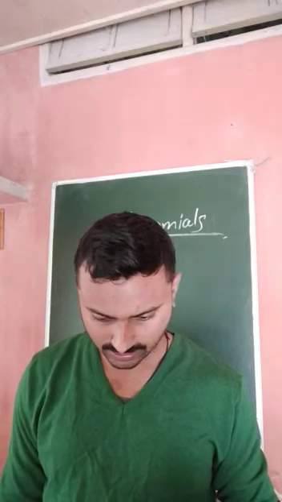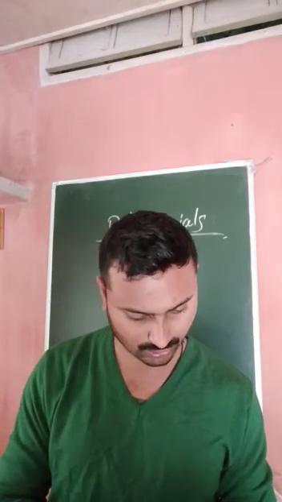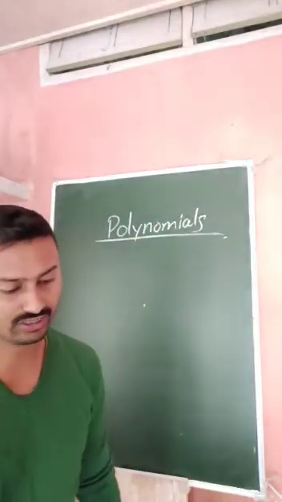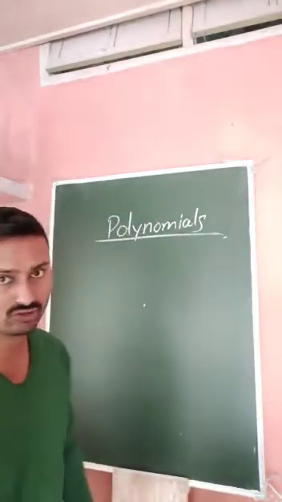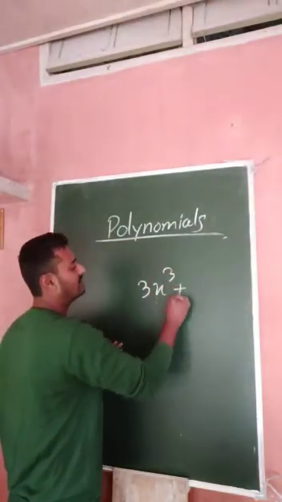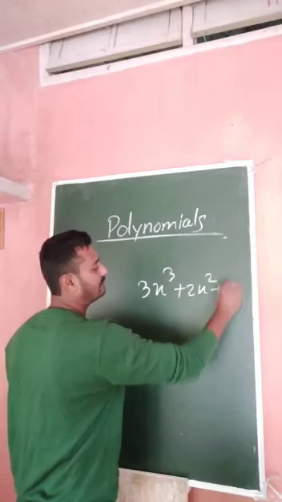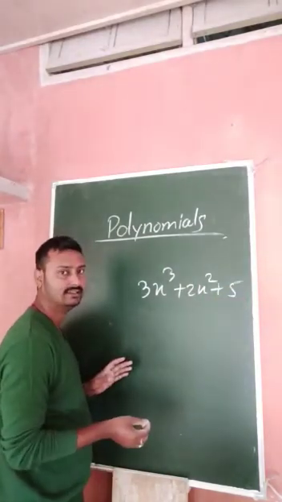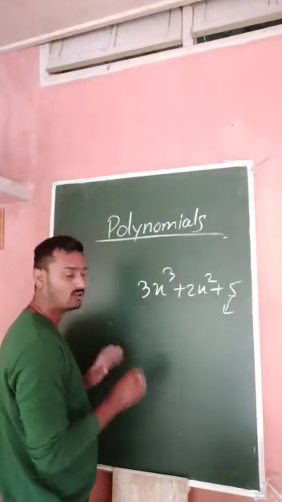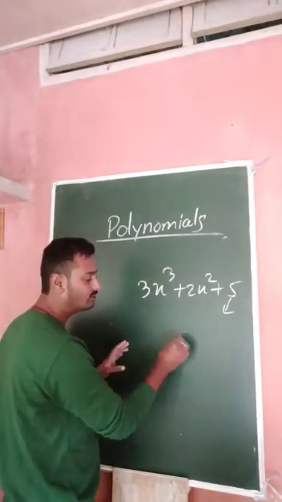And there is another important thing. The degree of a non-zero constant polynomial is always 0. Suppose a polynomial is 3x cubed plus 2x squared plus 5. In this case, the constant term is 5. A constant polynomial whose value is 0 is known as the zero polynomial.